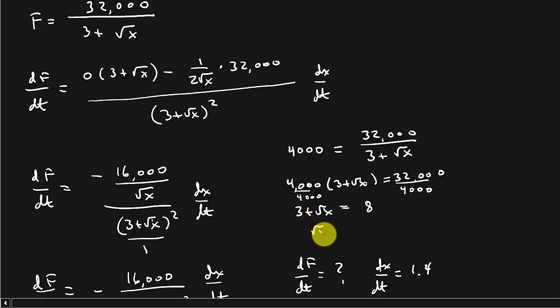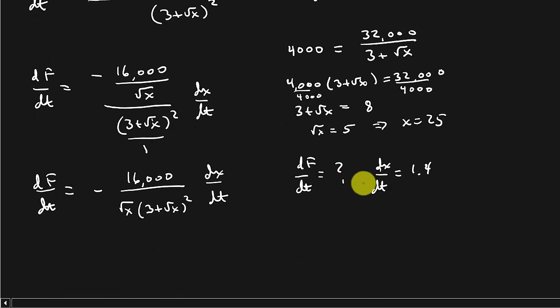And then subtract 3 from both sides. Square root of x is 5, which means x is 25. And so here are my values to plug in. I'm going to plug in 25 for x and 1.4 for dx/dt.